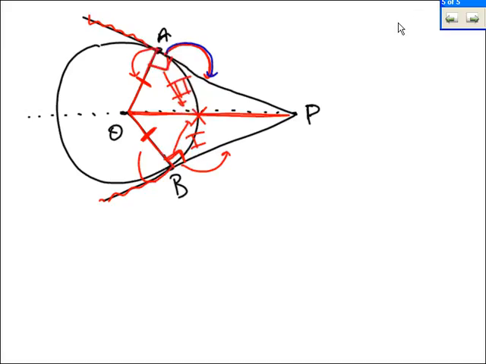Since these two triangles are congruent, we can now say that AP is congruent to BP because these two sides are congruent parts of congruent triangles.